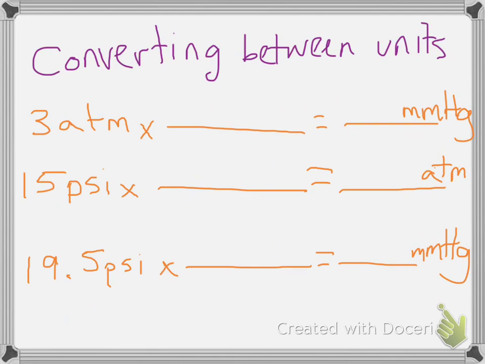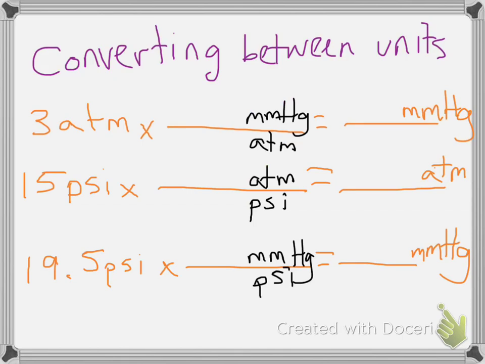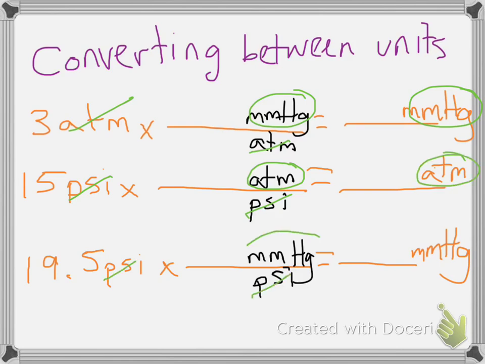Okay, try these next 3. So pause the video, try these next 3, and then check them when you're done. So make sure you have used the right unit. So ATM cancels with ATM, and I'm left with mmHg, which matches mmHg. PSI cancels with PSI, so ATM matches ATM. PSI cancels with PSI, mmHg matches with mmHg.